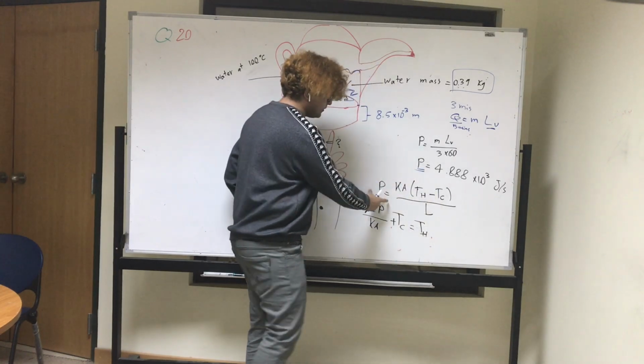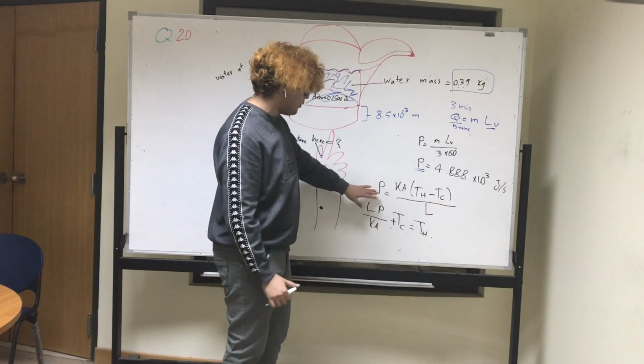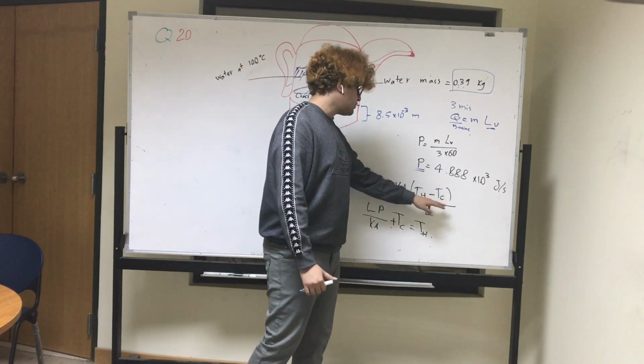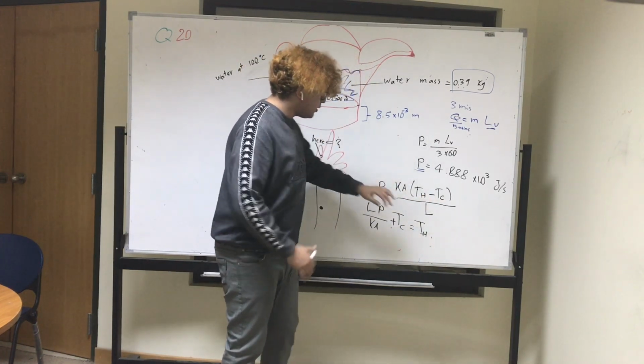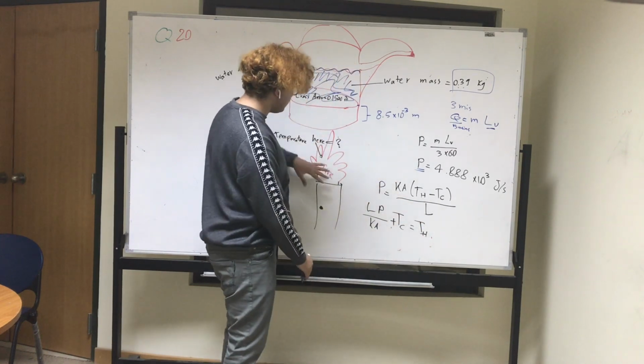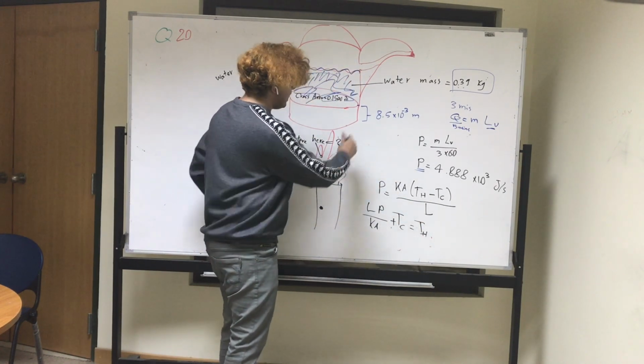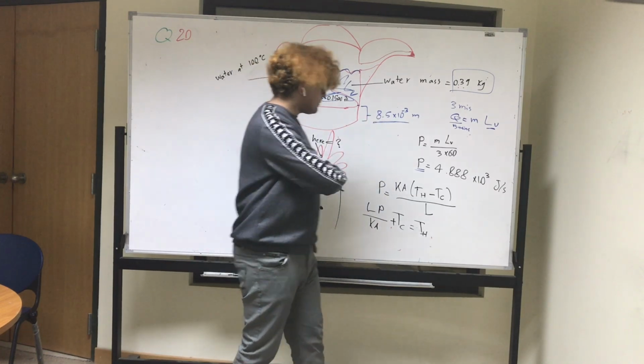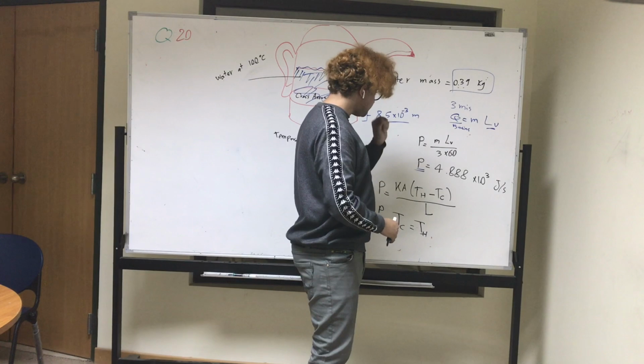Once we get the power, we can use this equation. This equation gives you the power also, if you have a hot and a cold object, and we know the length between them, which is given here to be 8.5 millimeters, and you just convert it to meters.